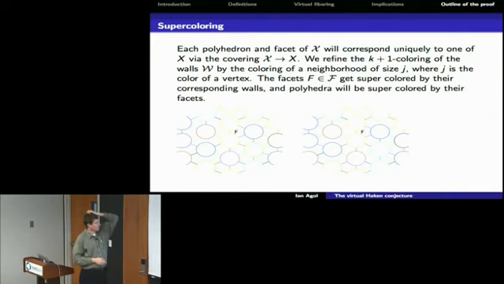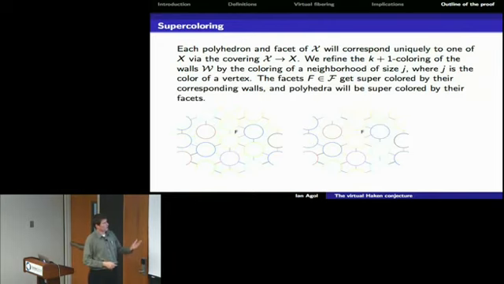So the facets get supercolored by the walls that they're in. We refine the coloring of the walls by their supercolorings by the size J neighborhood in the crossing graph. The polyhedra will be supercolored by their facets. So 2 polyhedra with their corresponding supercolorings will be equivalent if all their facets have the same supercoloring, that is, all the walls adjacent to that polyhedron.